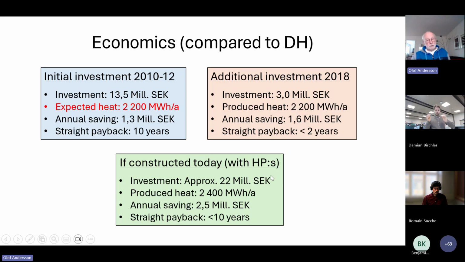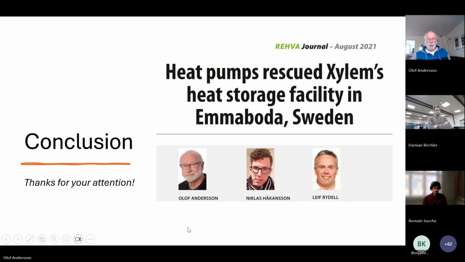If constructed today, it would take 22 million. And it would end up with a little bit less than 10 years payback. The conclusion is that this heat pump rescued the storage facility that still works beautifully. Thanks for your attention.